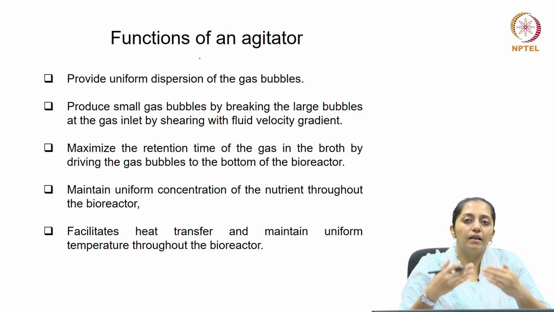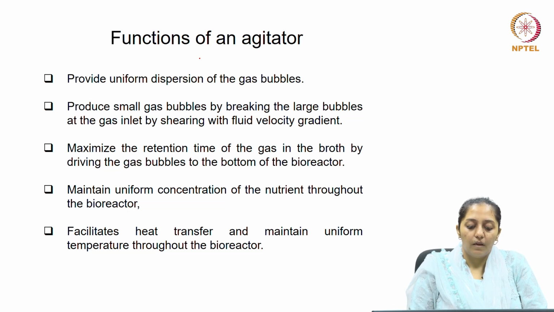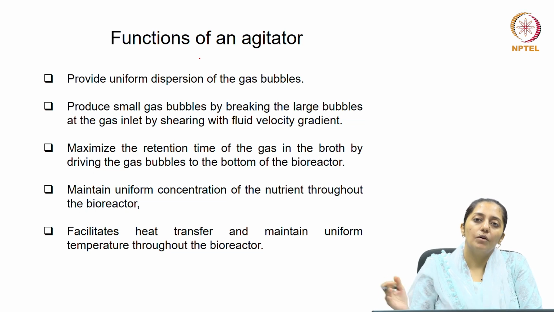So, your axial movement can improve the retention of the gas bubbles. It maintains uniform concentration of the nutrients throughout the bioreactor. And it also facilitates heat transfer and maintains uniform temperature throughout the bioreactor. So, it also disperses the gas bubbles to the walls of the reactor.